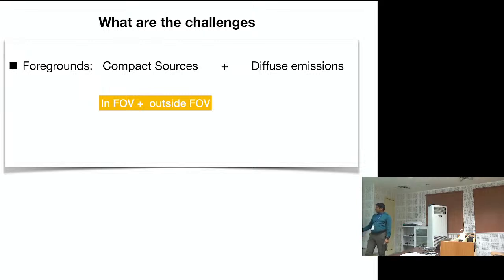The compact sources, both of them actually, can be inside the field of view of the telescope, and they can be outside the field of view. Now, when I say outside the field of view, the response of the antenna outside the field of view is never zero. It is always something non-zero. Very small, but still non-zero.